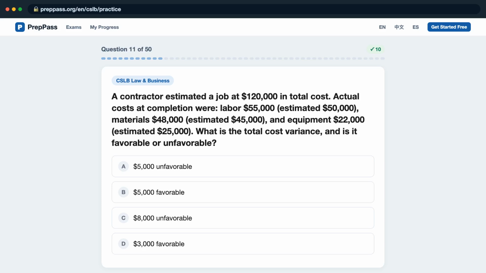Question 11. A contractor estimated a job at $120,000 in total cost. Actual costs at completion were labor $55,000, estimated $50,000; materials $48,000, estimated $45,000; and equipment $22,000, estimated $25,000. What is the total cost variance, and is it favorable or unfavorable?